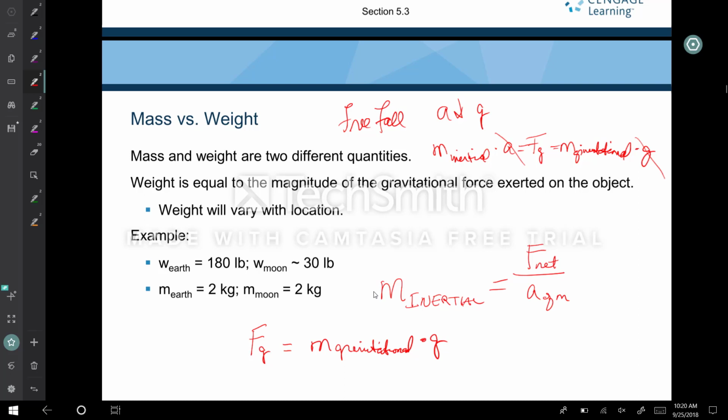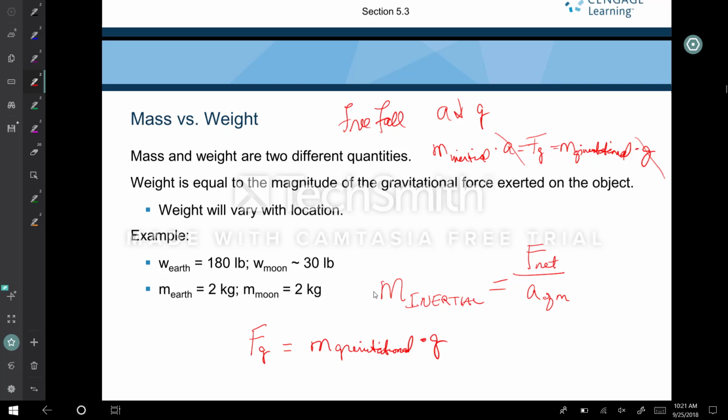F equals ma applies not just to gravity, but it applies to tensions and normal forces and frictions, all forces. That's okay. So F equals ma is universal.